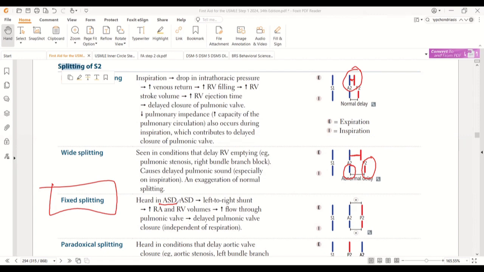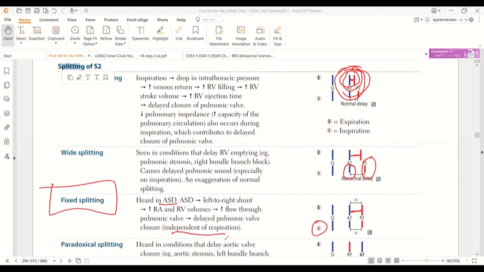In this case, you note that there is an increased splitting compared to the normal, and it is independent of inspiration. On inspiration, the splitting remains the same, independent of respiration.